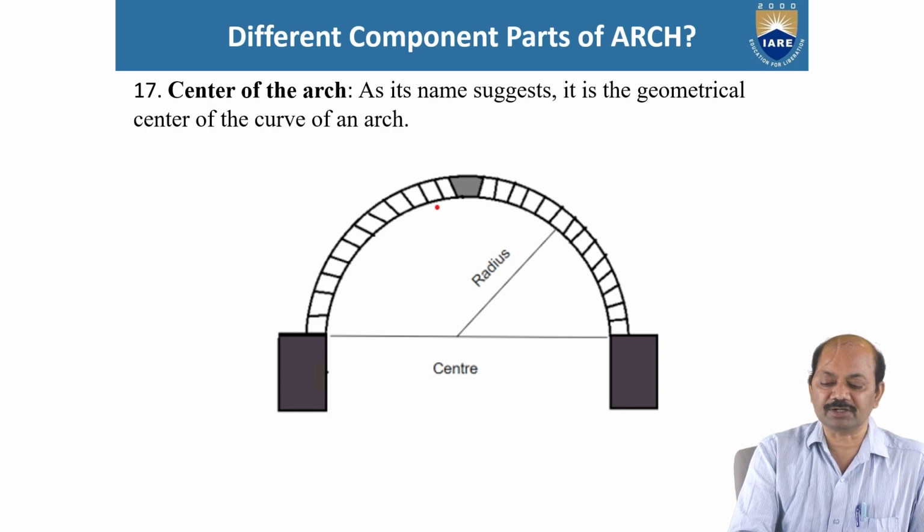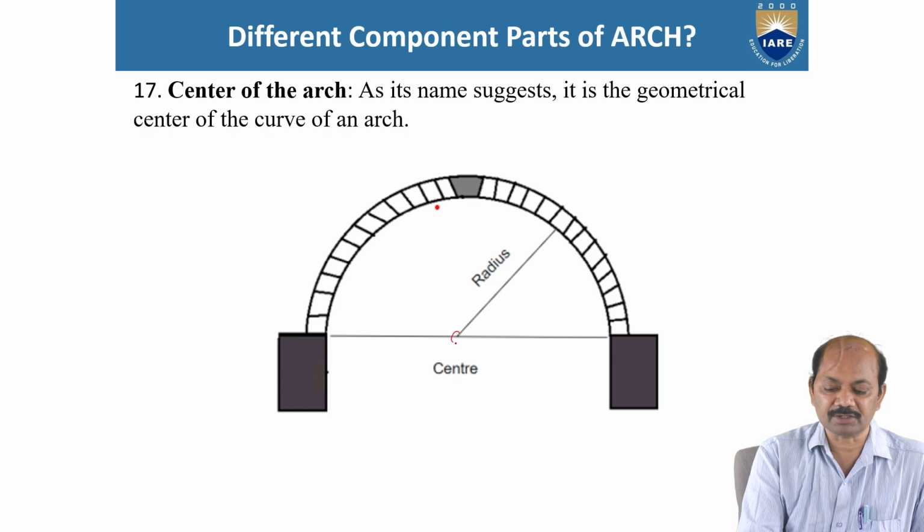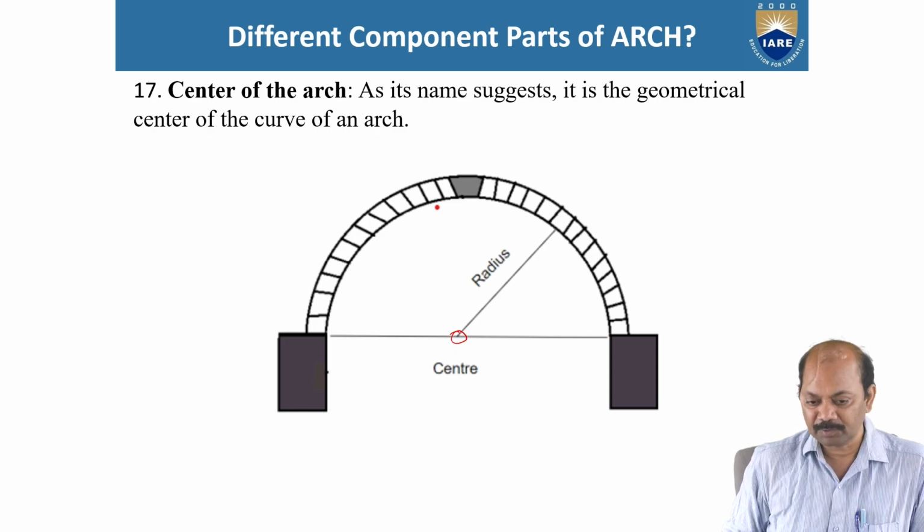Here in the figure you can see this is the center of an arch. Geometrical center means this complete curved portion. You have to locate or estimate the center using this curved shape, and that center is known as the center of the arch.